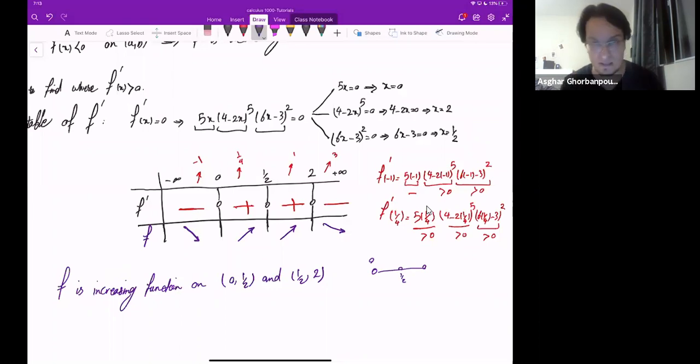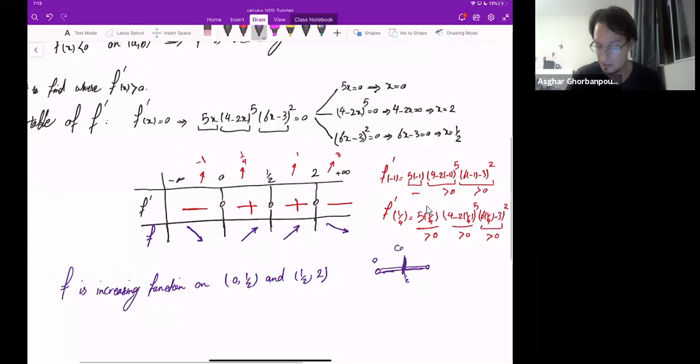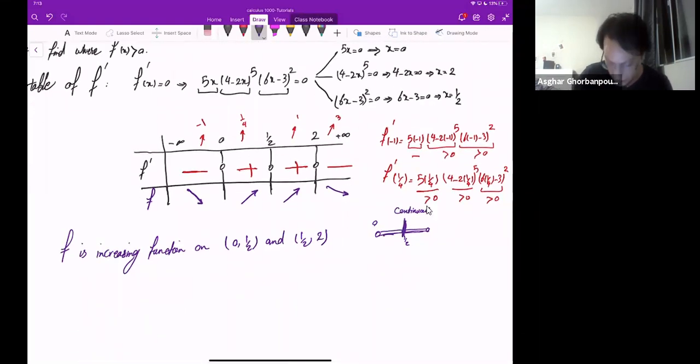If you see that two intervals are closed like that, and the function is continuous at that middle point, the point that you excluded, and this function is a polynomial, so it's continuous everywhere, then you can rewrite that fact and write that f is increasing on the whole interval 0 to 2. So f is increasing here.